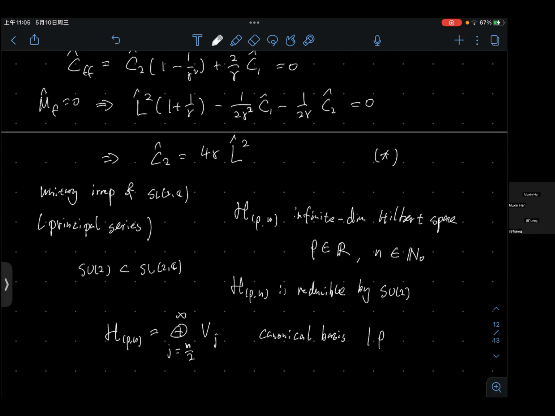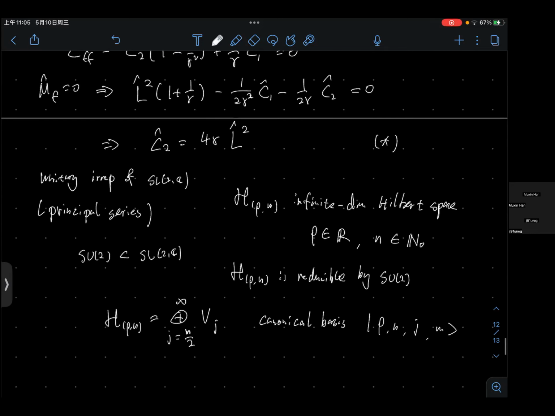Firstly, it is labeled by rho and N, labeling the representation of SL2C. The third label says which copy of SU2 the state belongs to, say copy J. Inside this SU2 space V_j there is also a magnetic index labeling the basis. This is what we call the canonical basis.